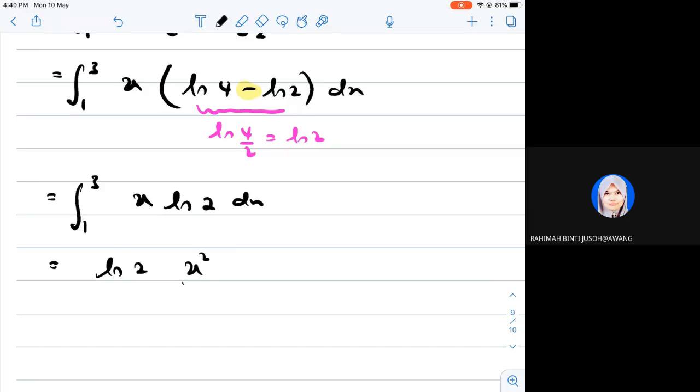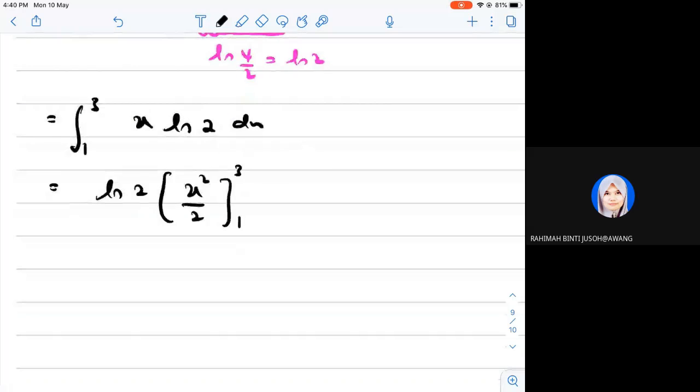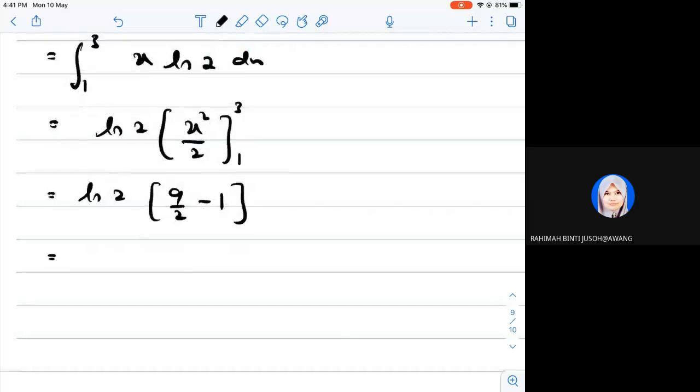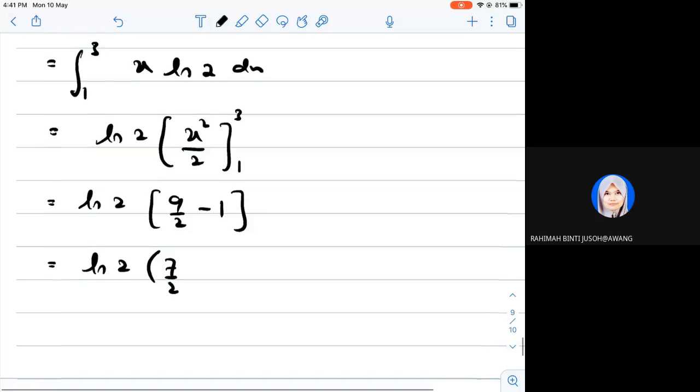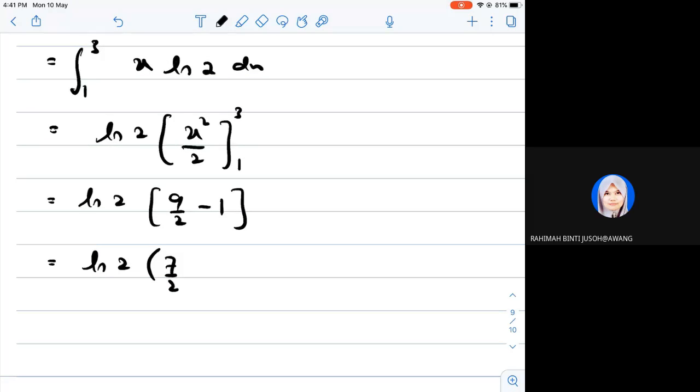Integrate x and it becomes x squared over 2, isn't it? So with limits 1 and 3, substitute the values. You will get 3 squared, 9 over 2, minus 1 over 2. Then ln 2 times 8 over 2. 9 minus 1 over 2, is that right? Yes, 8 over 2. So 8 over 2 times ln 2.